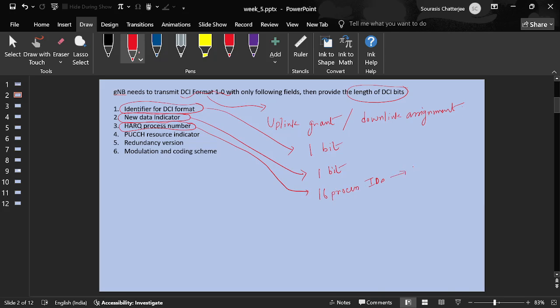So that means I need 4 bits. And what about this one, the physical uplink control channel resource indicator? Three bits. These are basically specified in the standard.